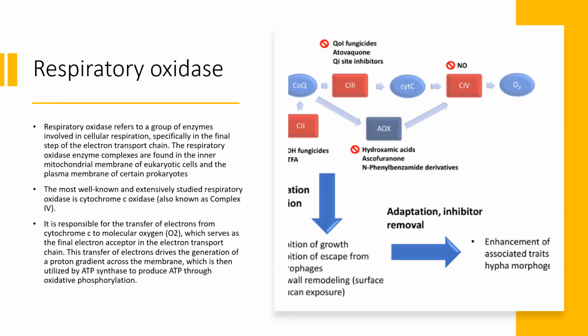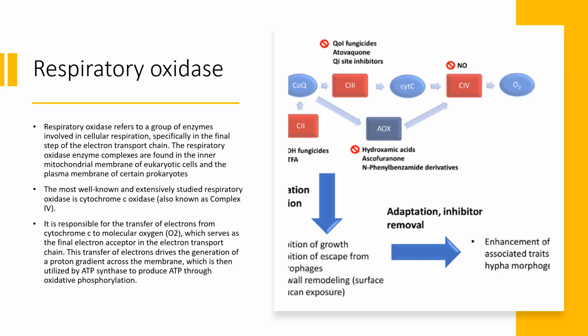Now respiratory oxidases. Respiratory oxidases are a group of enzymes involved in cellular respiration, in the final step of the ETC, that is the electron transport chain. The respiratory oxidase enzyme complexes are found in the inner mitochondrial membrane and in the plasma membrane of certain prokaryotes. The most well-known and extensively studied respiratory oxidase is cytochrome C oxidase, also known as complex 4.